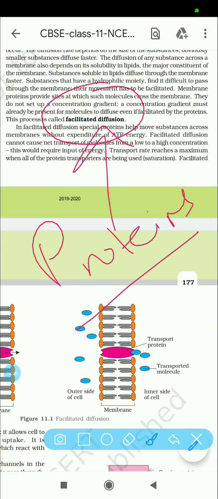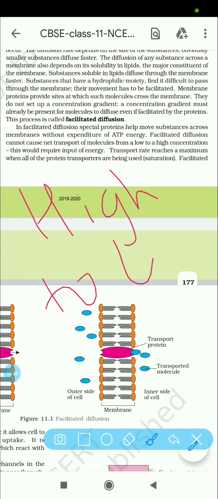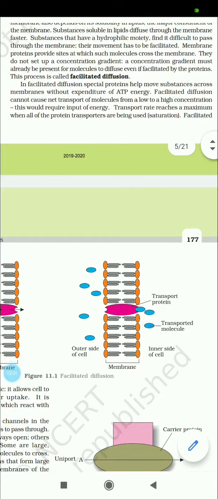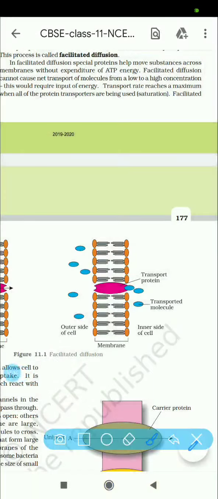So remember that: the movement will always be from high concentration to low concentration, or what we call along the concentration gradient. ATP is not used, and it can never occur from low to high.